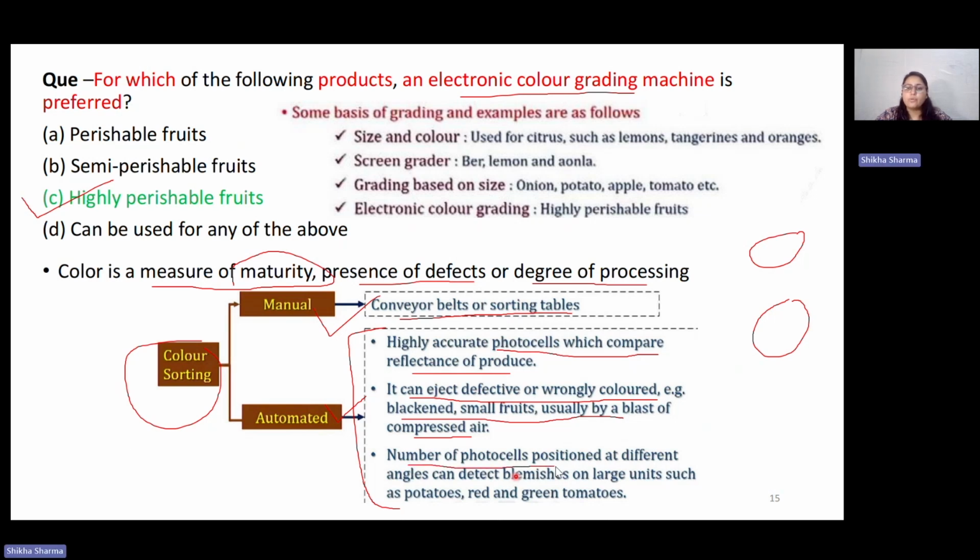Then a number of photo cells positioned at different angles can detect blemishes on a large unit such as a potato, or red and green tomatoes. In big industries, a number of photo cells placed at different angles can detect which one is fresh and which one is a low grade product, and separate those low grade products from the higher grade products using compressed air.